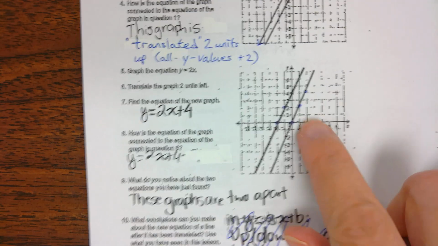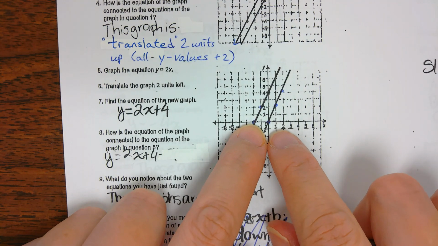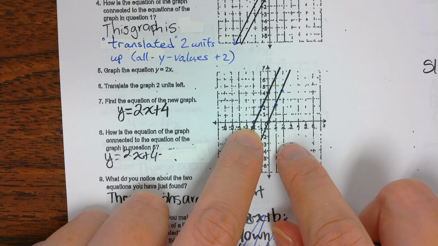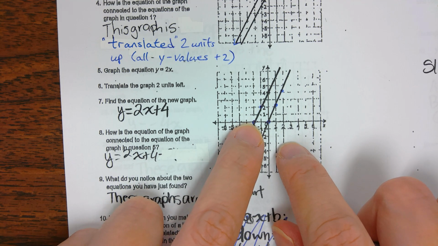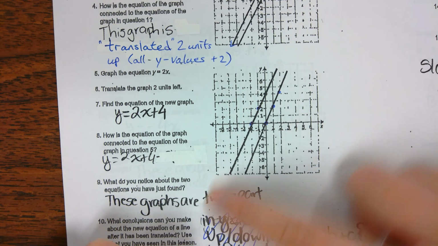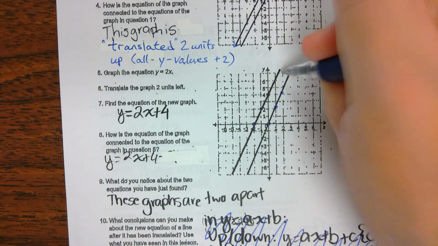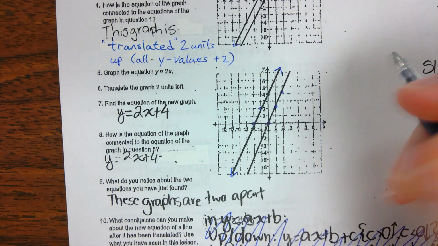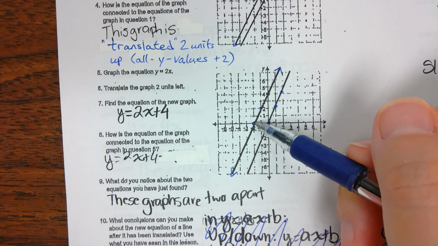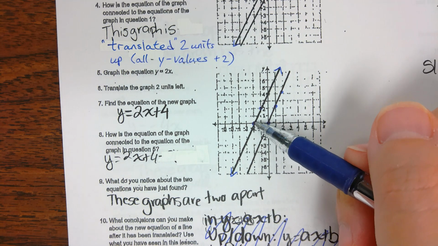A lot of people make the mistake and say that it starts at -2. Your line never starts on the x-axis. Your line goes on forever. Just because it has an x-intercept of -2, that has nothing to do with the line.